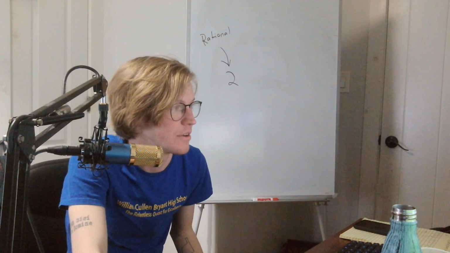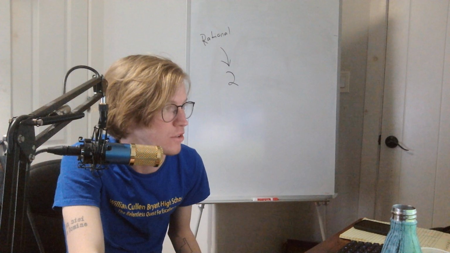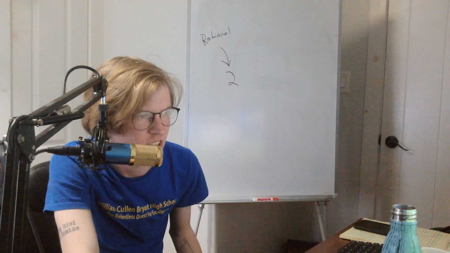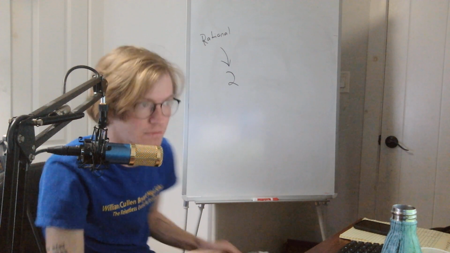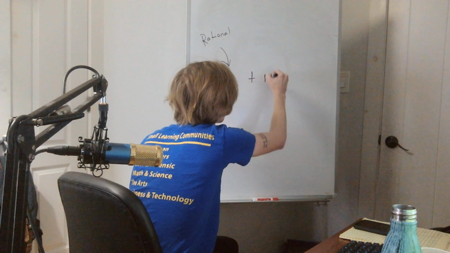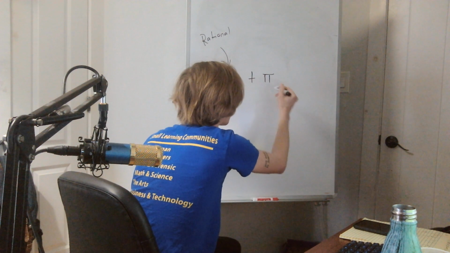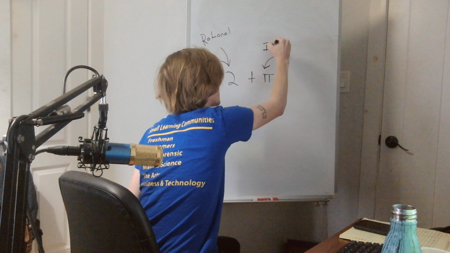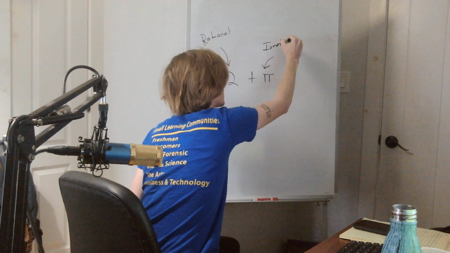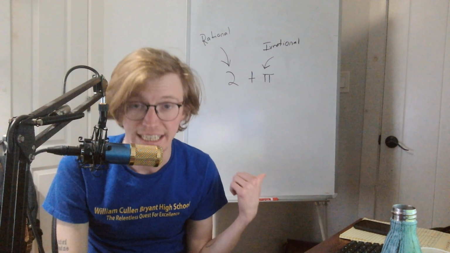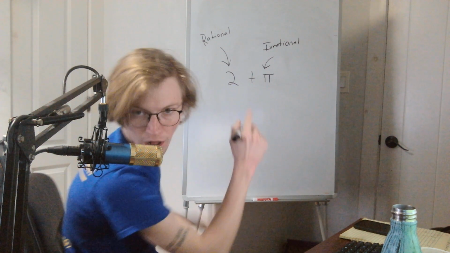I'll round it to like 5 decimal places right now. So we got pi, an irrational number, and I'll write it out under it.